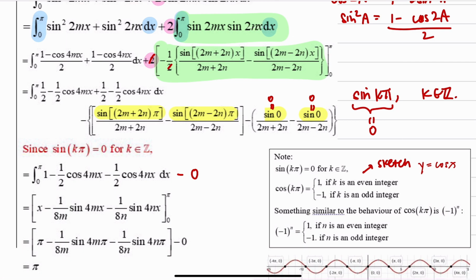Another one that's similar to the behavior of this is minus 1 to the power of n, because it depends on what n is. If n is an even integer, the outcome is 1, because minus 1 squared, minus 1 to the power of 4. If n is an odd integer, it will result in minus 1. Okay, so this is just for you to take note of.